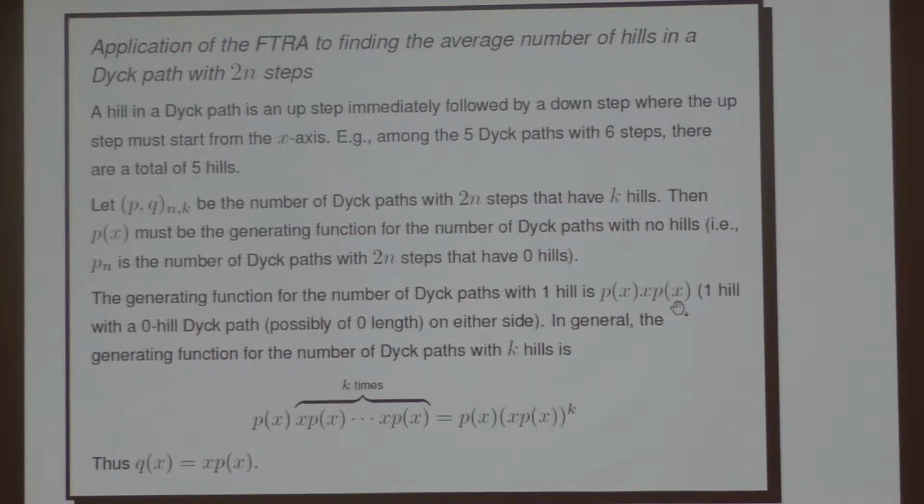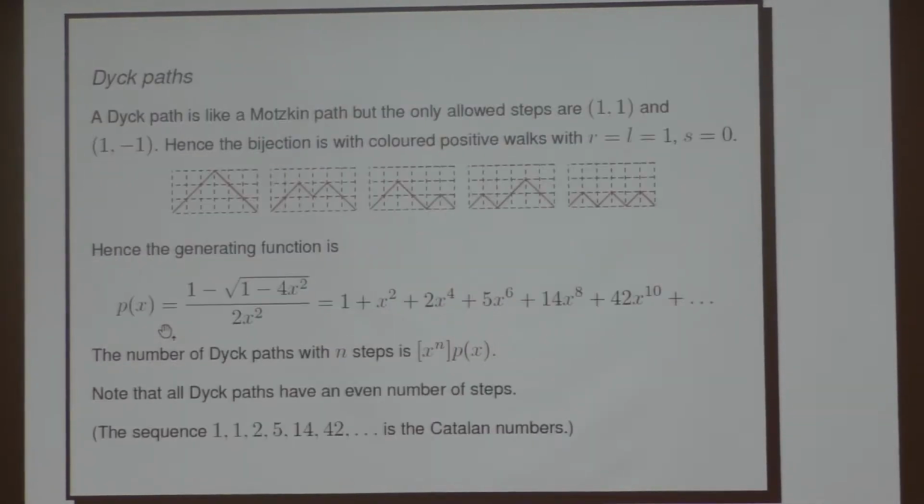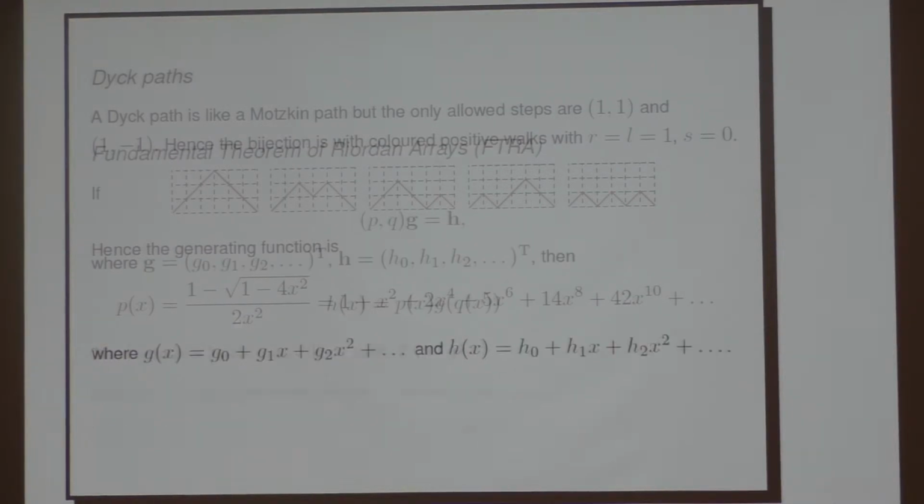This takes a little bit of thinking about. But basically the idea is that if I'm going to have one hill, that hill is going to be surrounded by two Dyck paths with no hills. So if we take this hill here, then to the left of it is a Dyck path with no hills, and then to the right of it there's a sort of zero length Dyck path with no hills.